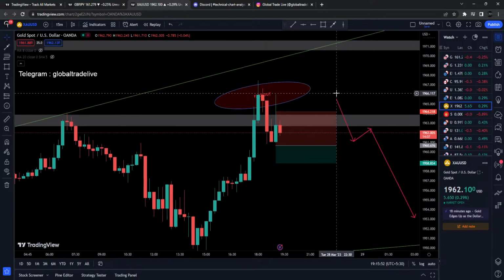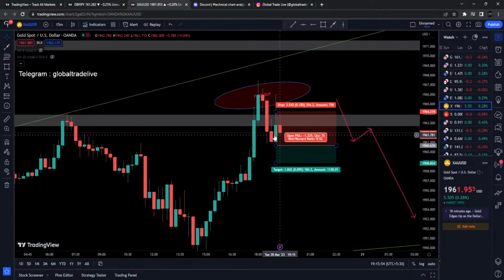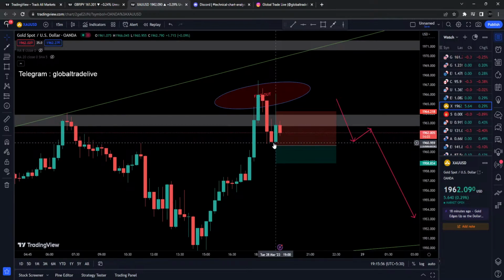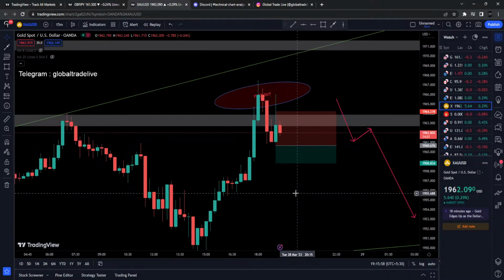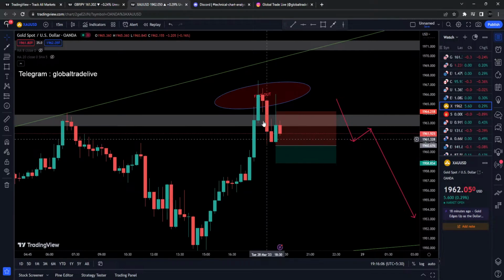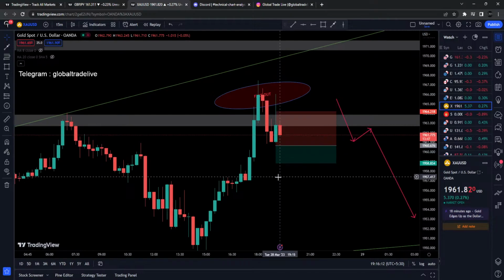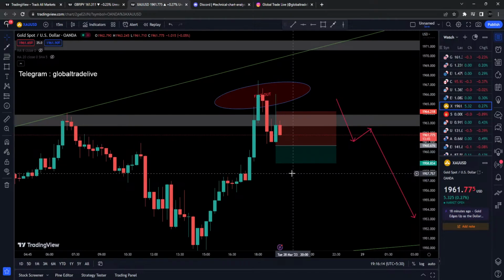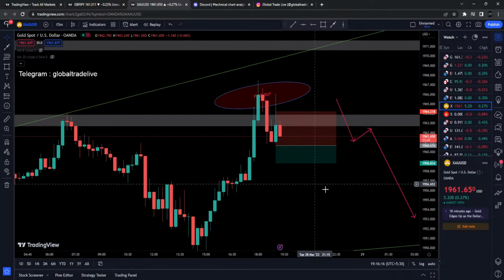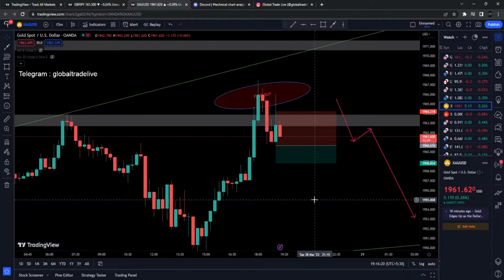The same setup will be happening over here once this candle breaks the low. Because this will be a high, this will be a lower high, and we are going to make a lower low as well. So that's why this idea has a higher chance of working.